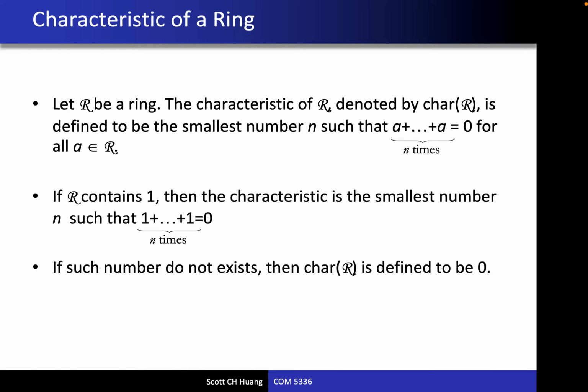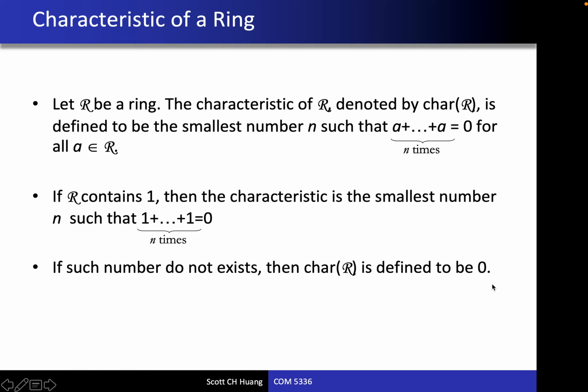No repetition needs to happen, so it is not necessary to wrap around to 0. In that case, there's no number n such that this will happen. If this does not happen, then the characteristic is defined to be 0.